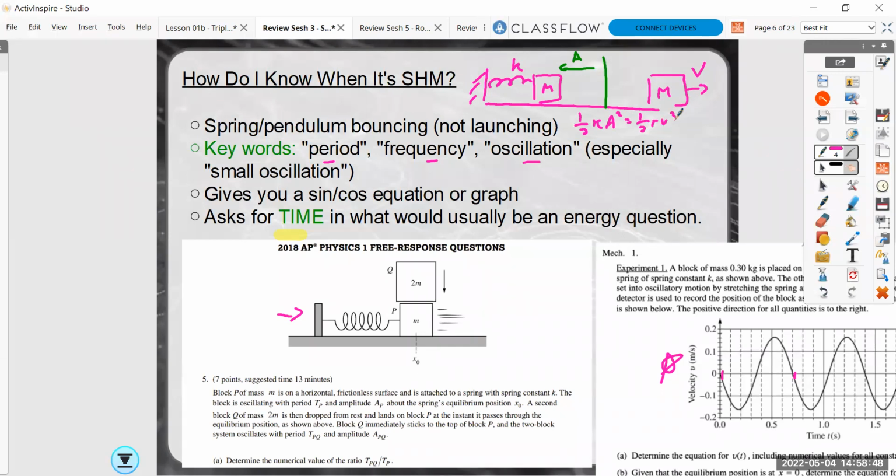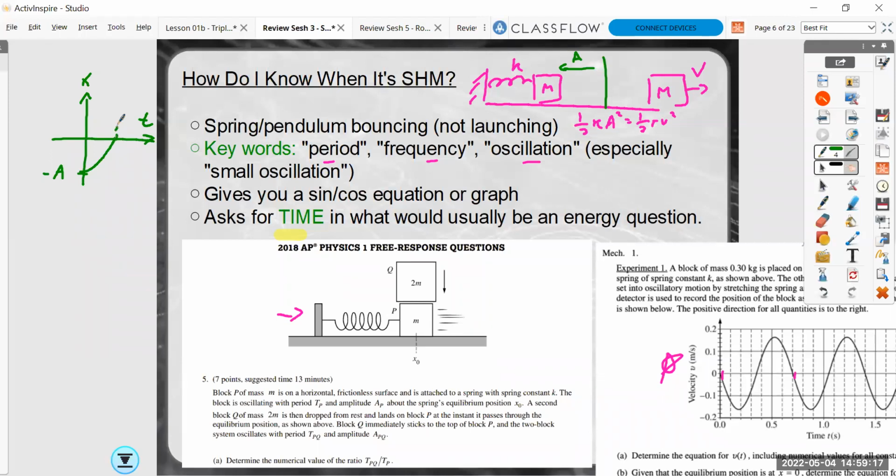How long does it take from letting go to the block coming off the spring? And that's a hard question to do with kinematics, because your forces and your acceleration are constantly changing. But what you could say is, if I make a position versus time graph, I'm going to start at some position minus A, starting at rest, and I'm going up to a position 0.